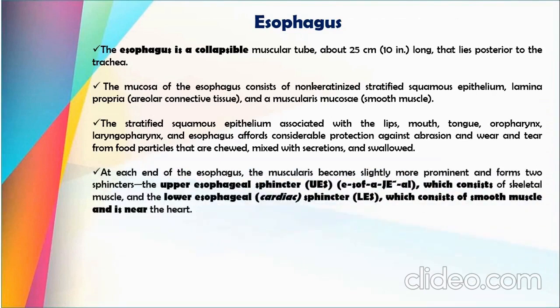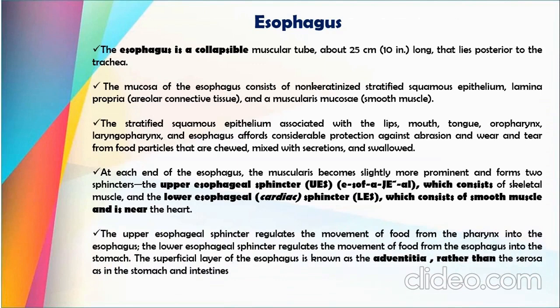At each end of the esophagus, the muscularis becomes slightly more prominent and forms two sphincters, the upper esophageal sphincter and the lower esophageal sphincter. The upper esophageal sphincter consists of skeletal muscle, and the lower esophageal sphincter consists of smooth muscle and is near the heart.